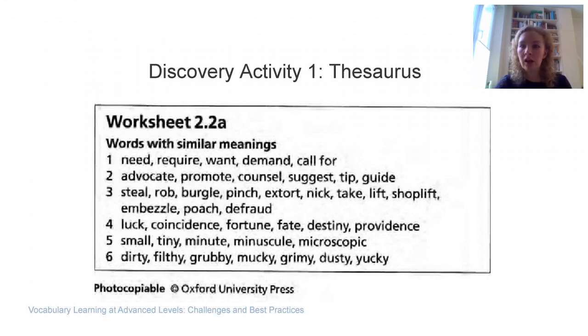So imagine either in class with a paper thesaurus or online with a computer. It can be either incorporated in a dictionary like the Longman dictionary, or it can be thesaurus.com, which I think is also a good website. So you give your students a list of words that are very often confused: need, require, want, demand.